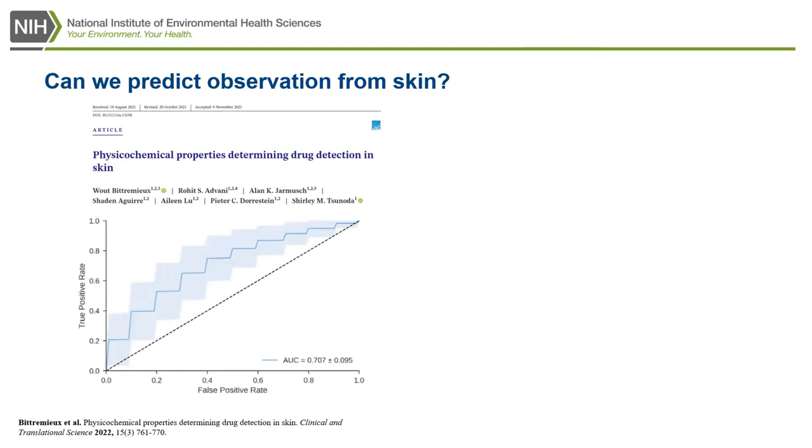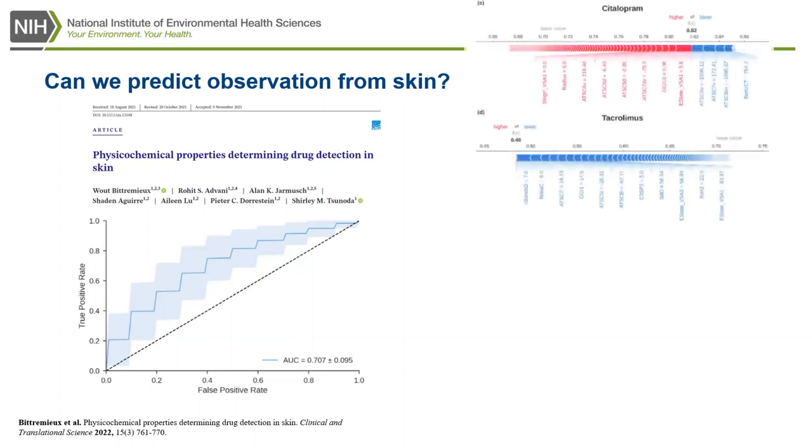And we predicted a bunch of different chemical properties like log P, the size, and the polar surface area of the molecule. It's not great, but 0.7 was our area under the curve in terms of predictive ability. Then we started retroactively applying that to the drugs of our choice.